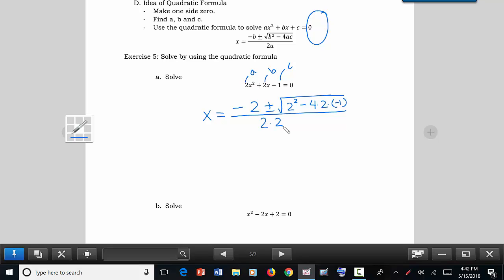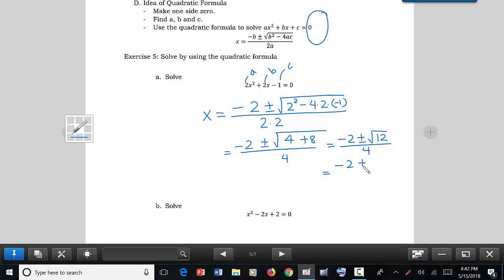Now that's the complete expression, but obviously we want to solve. So this equals negative 2 plus or minus square root of 2 squared, which is 4. We multiply, that becomes positive 8, divided by 4. Negative 2 plus or minus square root of 12 divided by 4. Let's simplify more.